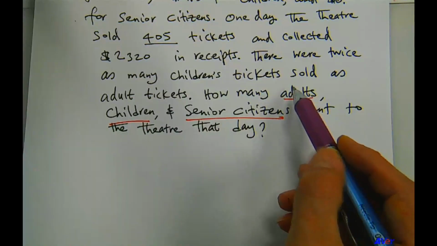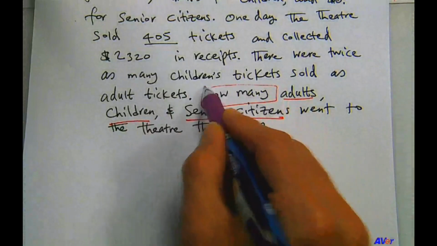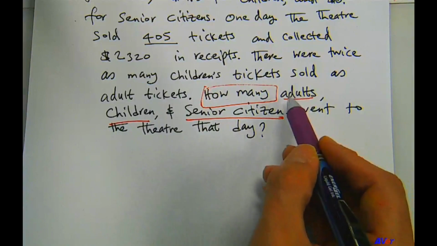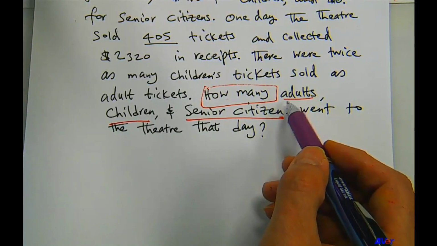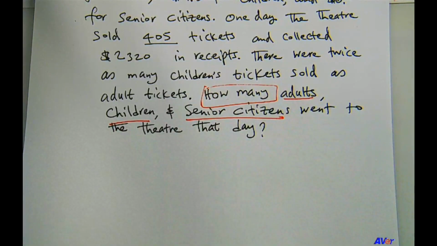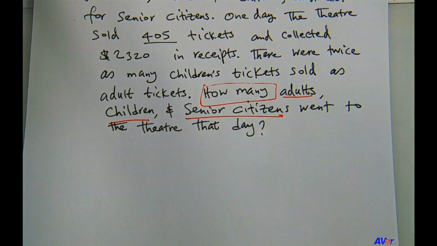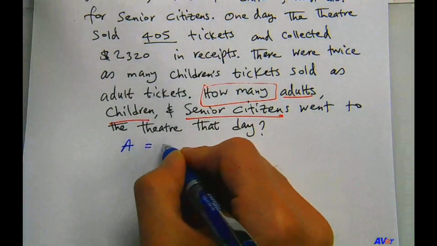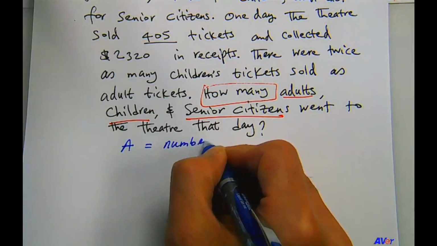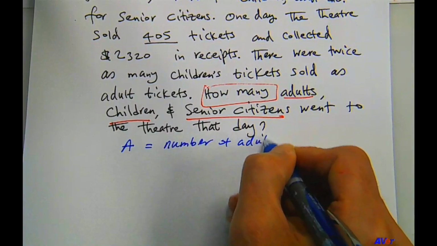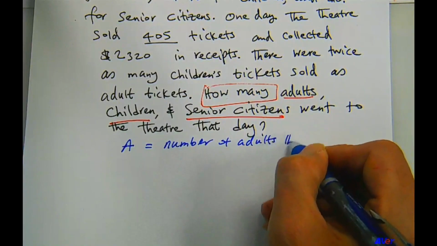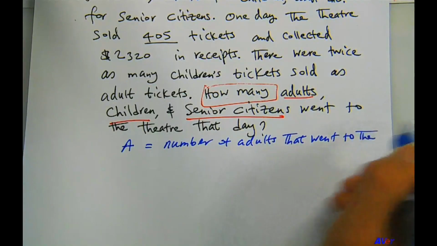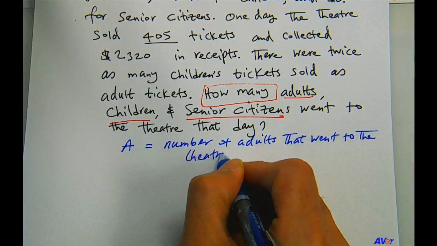Now, because it's how many of each of these categories of customers that we're looking for, let's give these unknowns variables. That's the first step in solving a word problem. So A for number of adults that went to the theater that day.